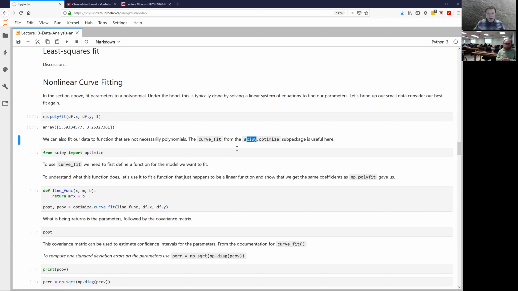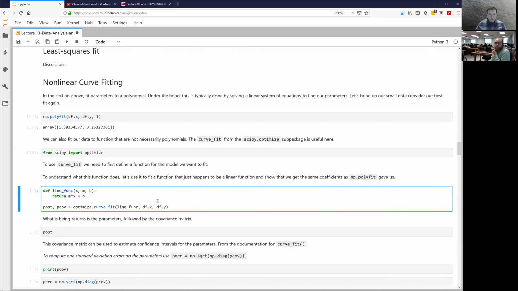Specifically, there's an optimize package that optimizes or minimizes the error. I can bring that in by saying from SciPy import optimize. And inside optimize, there's a function called curve_fit that will take any function, not just a polynomial, but any function, and try to minimize, in a least squares sense, what the error would happen to be.